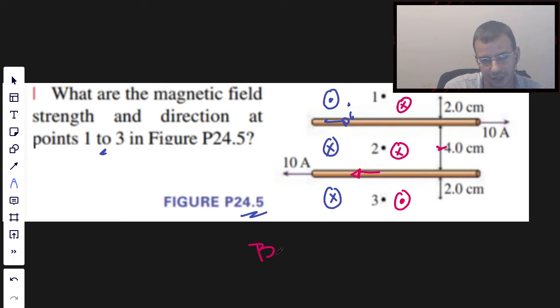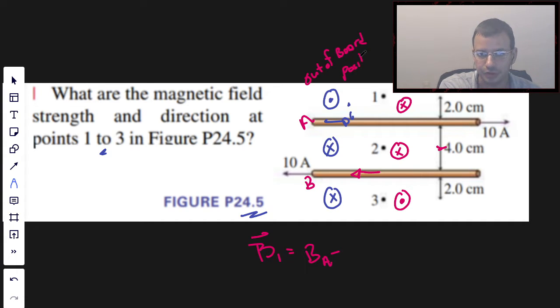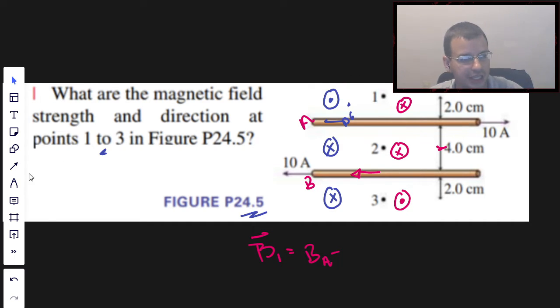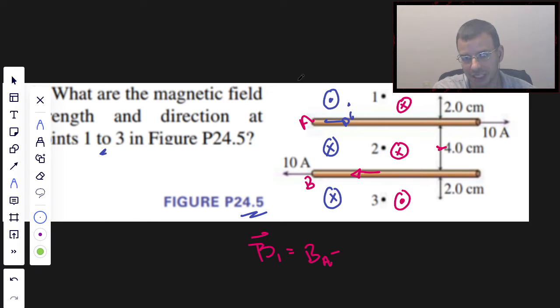So for the magnetic field at 1, I'm going to call this wire A, this wire B. It's going to be the magnetic field due to A plus the magnetic field due to B. Now I'm going to say out of the board is positive, so the influence from A on the first one is positive.